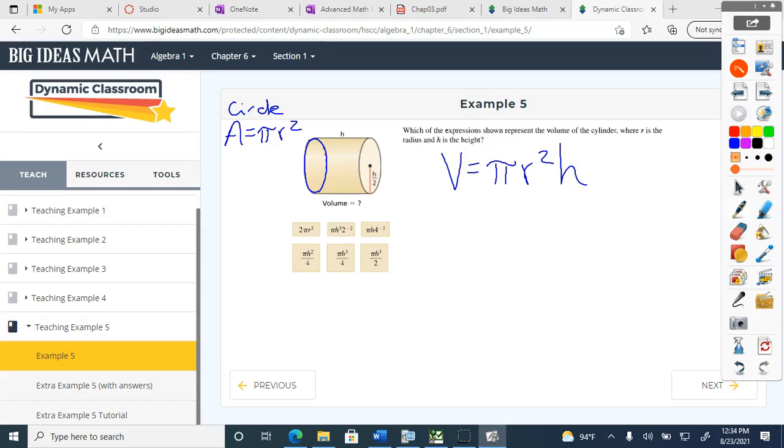Now, let's plug in what we know. Volume is going to be pi. Do I know the radius? It's h over 2, squared, times h.